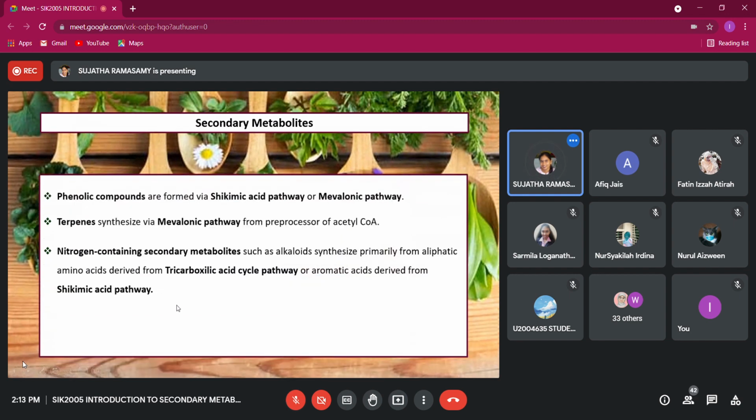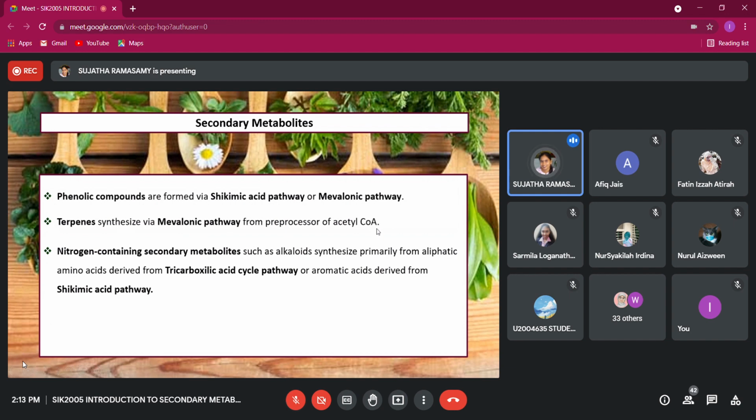How? The first one, phenolic compound. Phenolic compound are formed from shikimic acid pathway mainly. Okay, and some are from the mevalonic pathway. For terpene, it is synthesized from mevalonic pathway, and the precursor is acetyl-CoA.